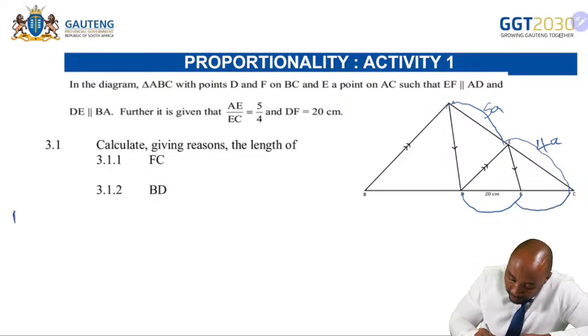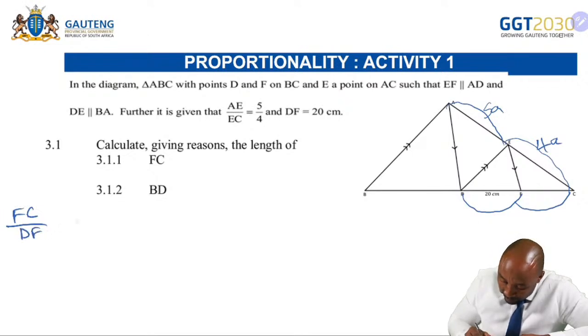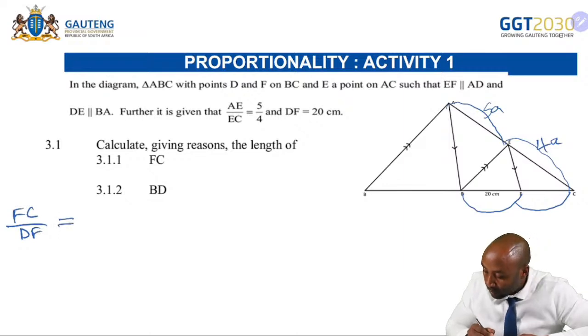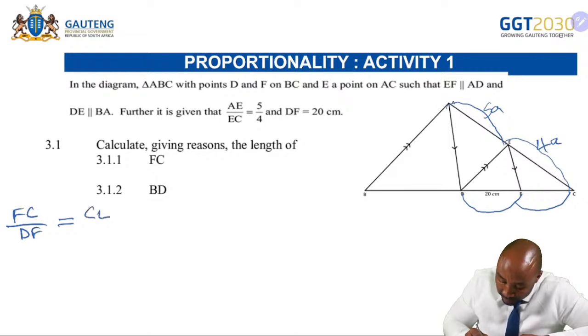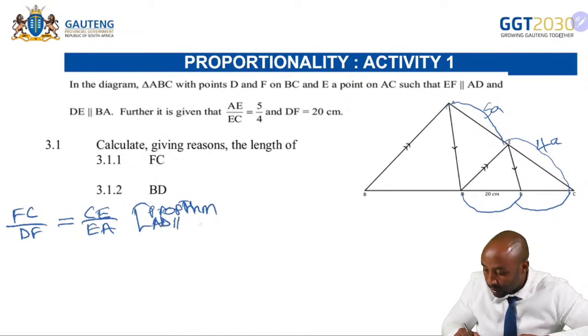So I said FC over my DF is equal to my CE over my EA. My reason is prop theorem, and I mention my parallel lines: AD is parallel to my FE.